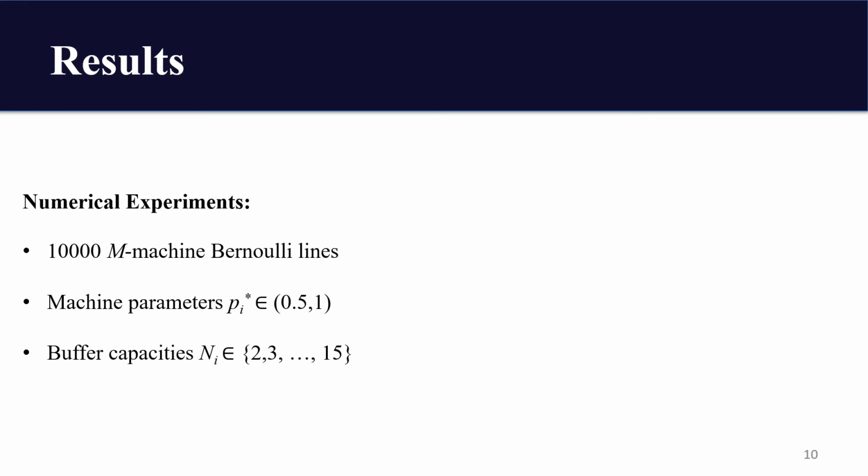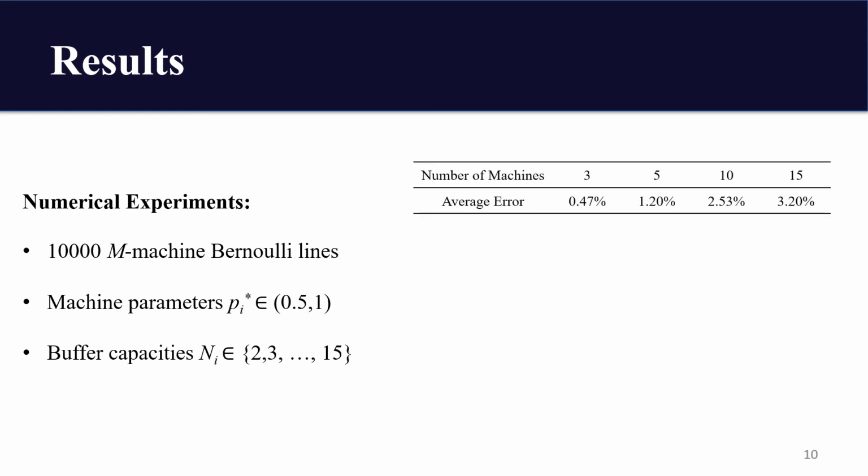Based on the theoretical throughput and work in process, the exact optimal solution can be obtained. Based on the simulated throughput and work in process, for the 10,000 production lines studied, the average estimation error is shown in the table. It shows that our algorithm has good estimation accuracy.